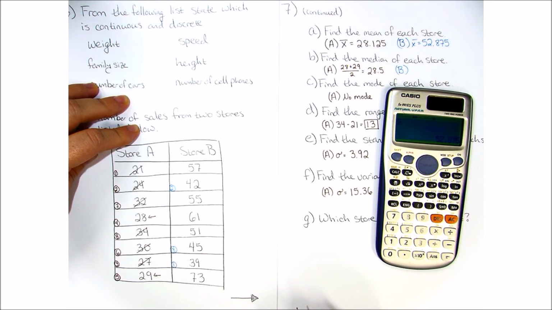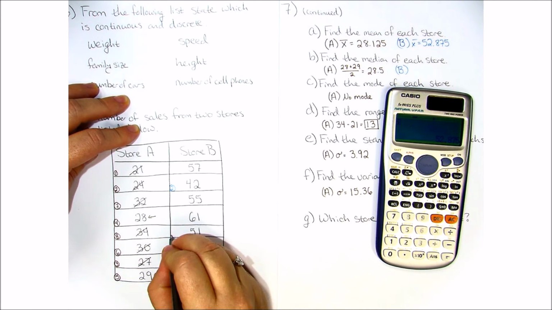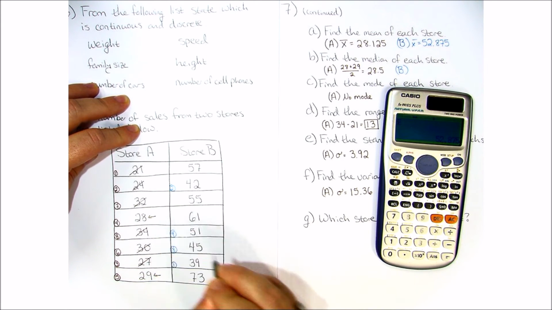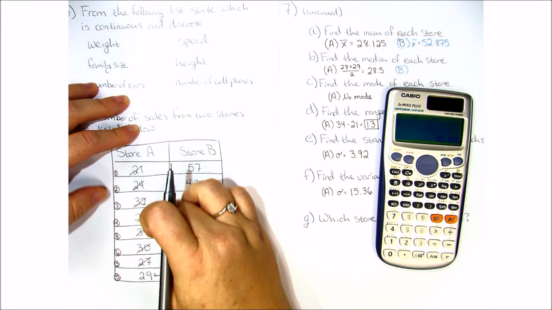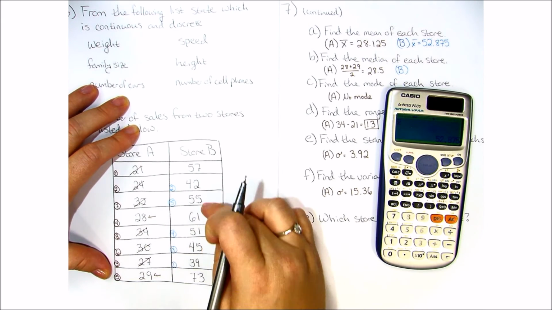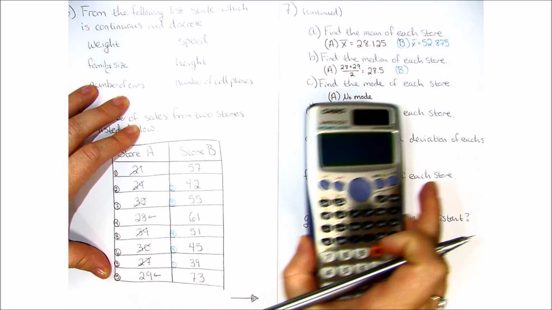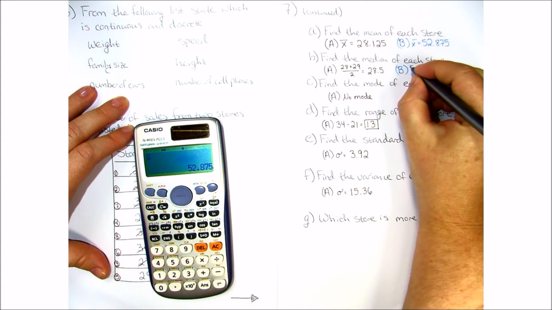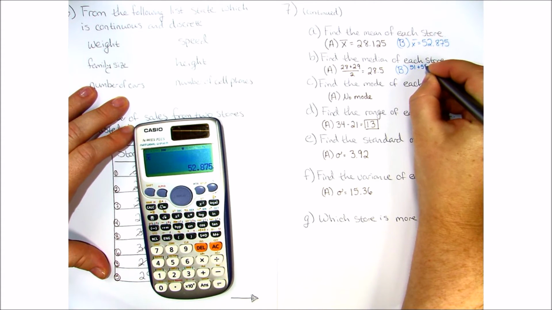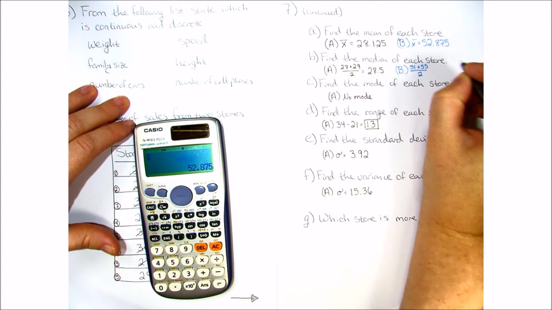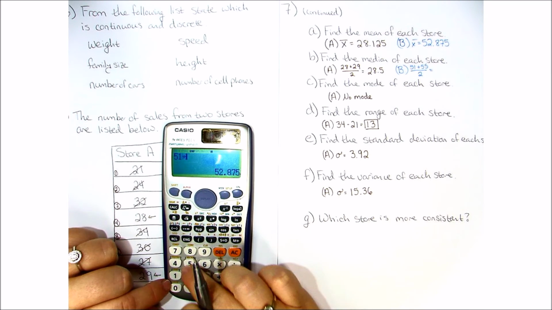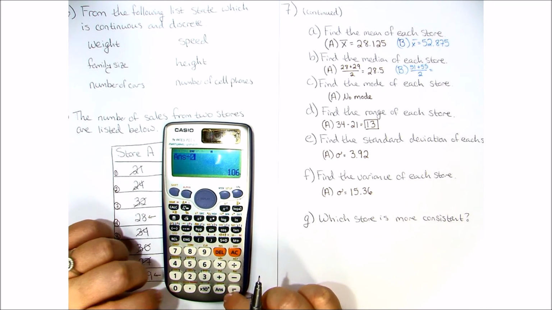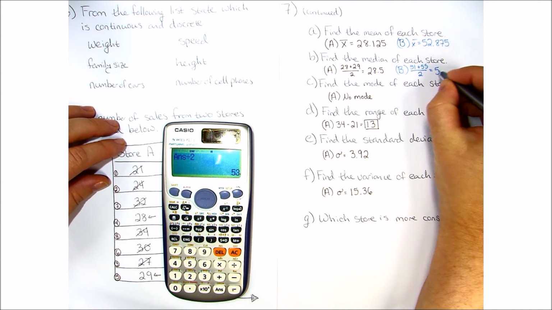Now the next smallest number is going to be 51 and 55. Now last time our two numbers were the fourth and the fifth number, so we're going to take the fourth and the fifth number here. 51 plus 55 divided by 2. So 51 plus 55 equals, divided by 2 is 53.